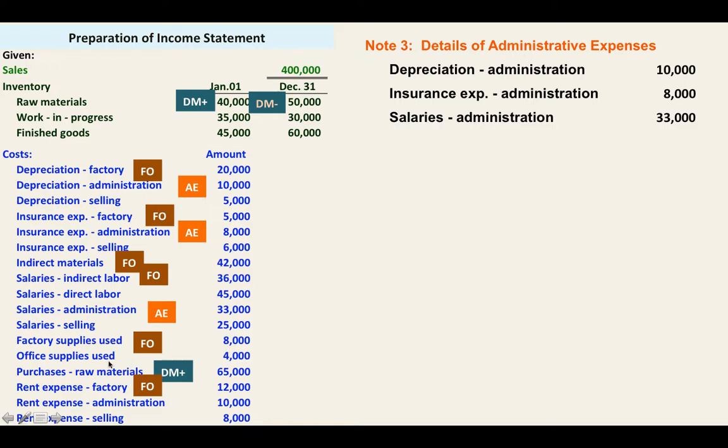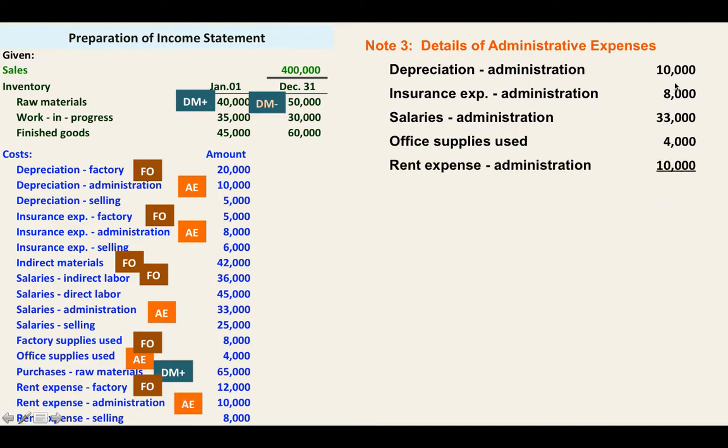Okay, we have here office supplies. That's administration, of course. Office supplies of 4,000 and rent expense of 10,000. So that's what we have. Okay, so these are all the administrative expenses. So the total of that is 65,000.